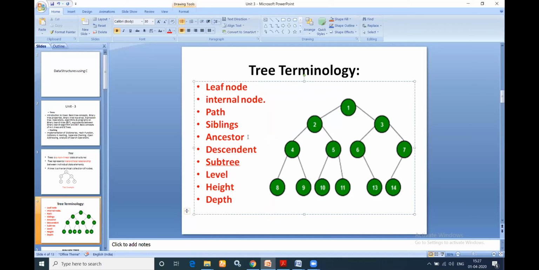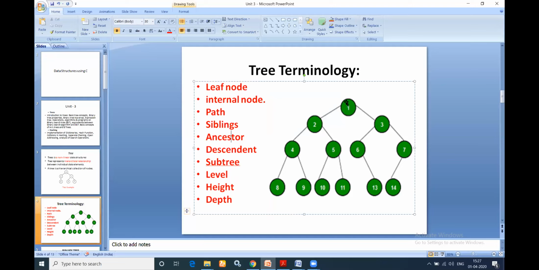Next, ancestor. So ancestor is nothing but the previous one. When you take the node 4, who is the ancestor of this node 4? The ancestor of the node 4 is 2. So who is the ancestor of 1? When you take the node 1, this is the root node.